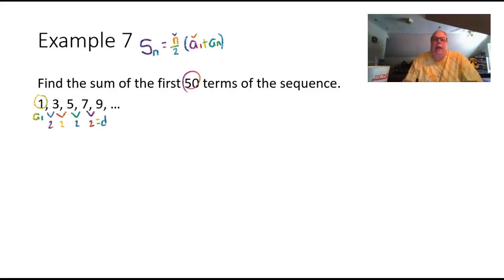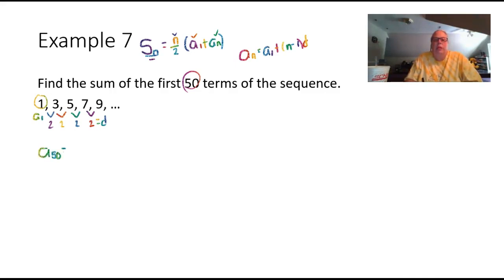But what I don't have is an, and they're telling me to find Sn. So the first thing I want to do is figure out what number is in the 50th position of the sequence. And for that, I'm going to have to use this formula right here, the one that we've been using, to get to the 50th term.